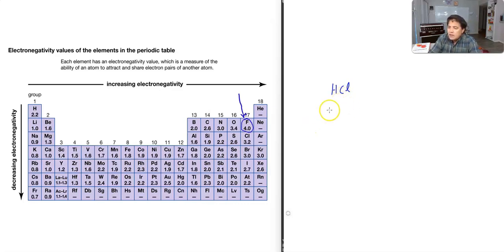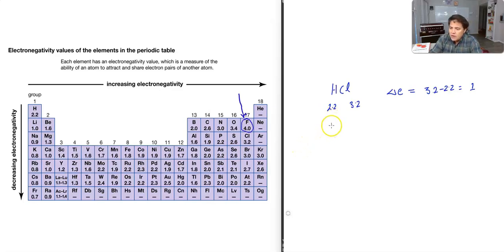But now let's see the electronegativity difference. Hydrogen is 2.2 and chlorine is 3.2. So the electronegativity difference, delta E, is 3.2 minus 2.2, which equals 1.